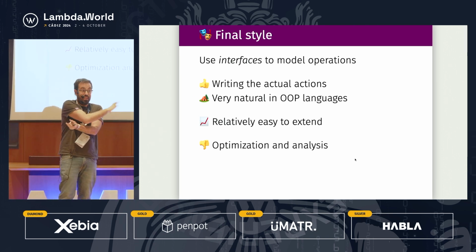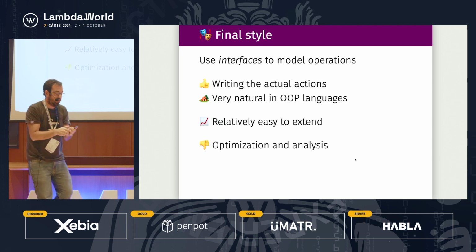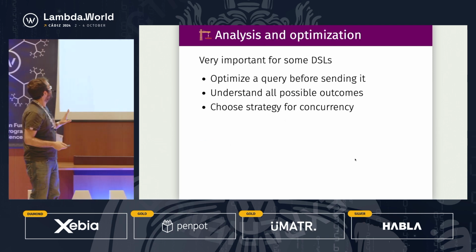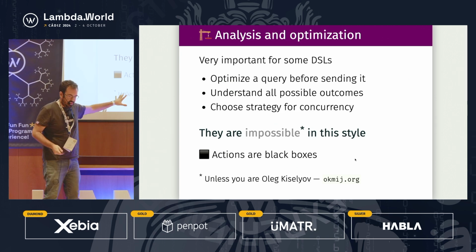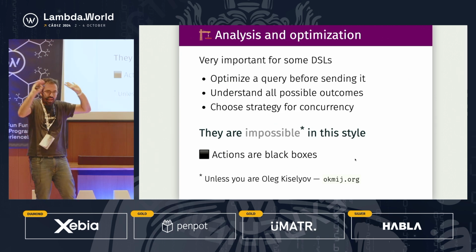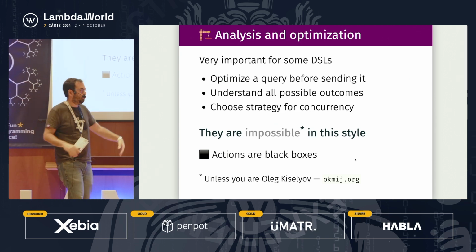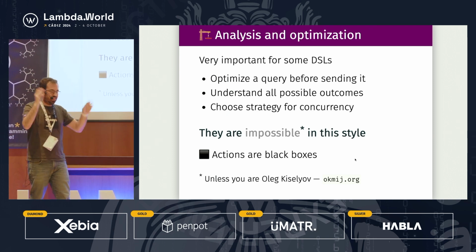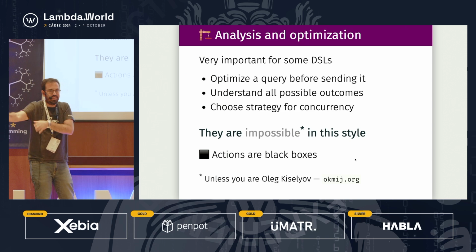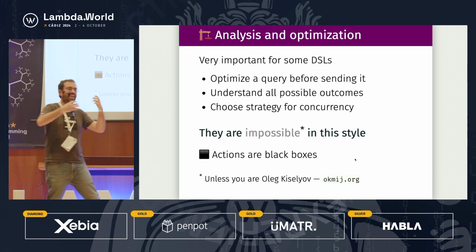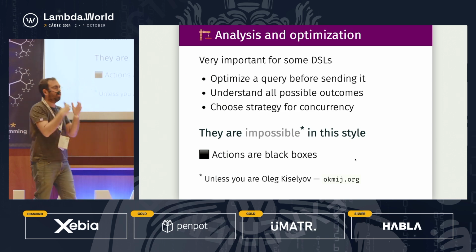And this is not possible so easily. I don't want to say it's impossible because there is this guy, Oleg Kiselyov, who actually managed to somehow do this. You can read his website. It's a wonderful thing. But I think that being able to manage it is not the same as it being easy to do, right?